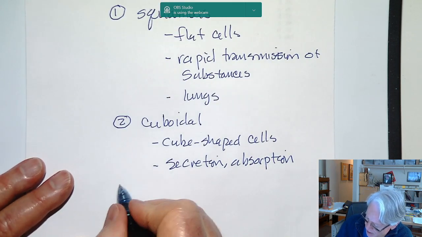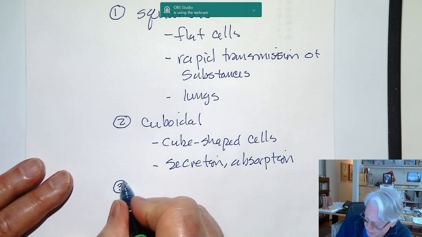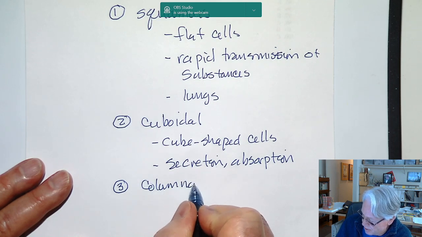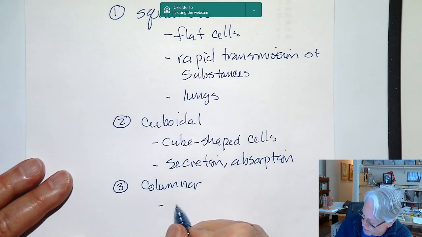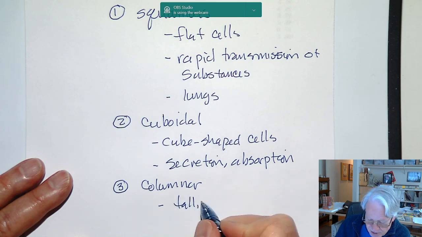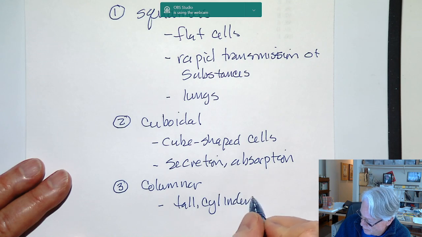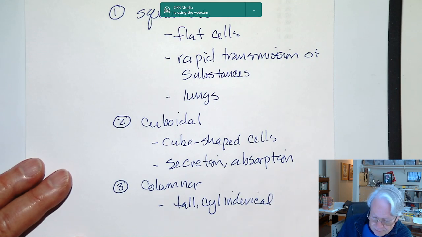Okay. Number three, columnar, which is column, tall, and cylindrical. That's probably a better way of talking about it.